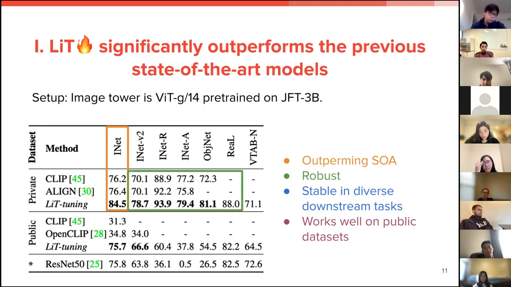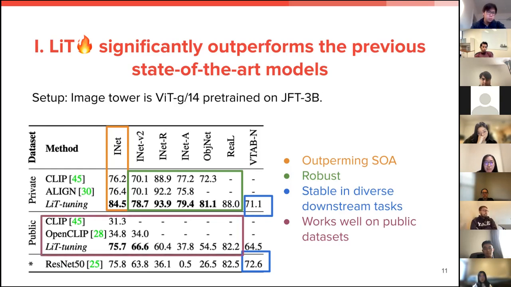For some other out-of-domain tasks, it's also consistently stable and performs really well. For the stability tests in the downstream tasks, it's around 71% compared to the fully supervised 72.6. I would say it's really stable and almost beating ResNet 50.